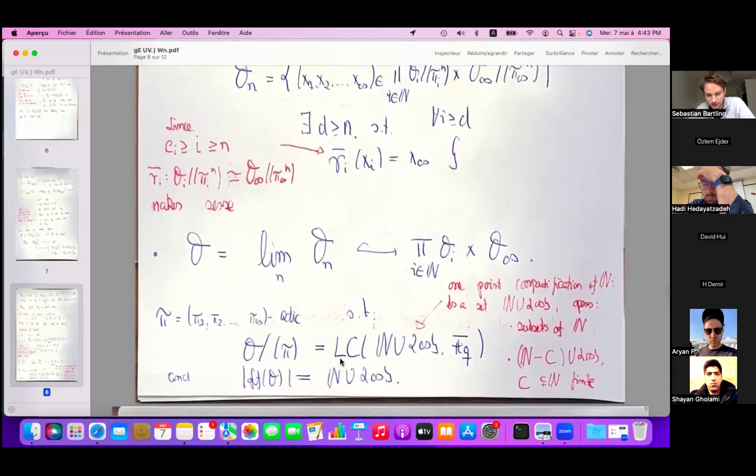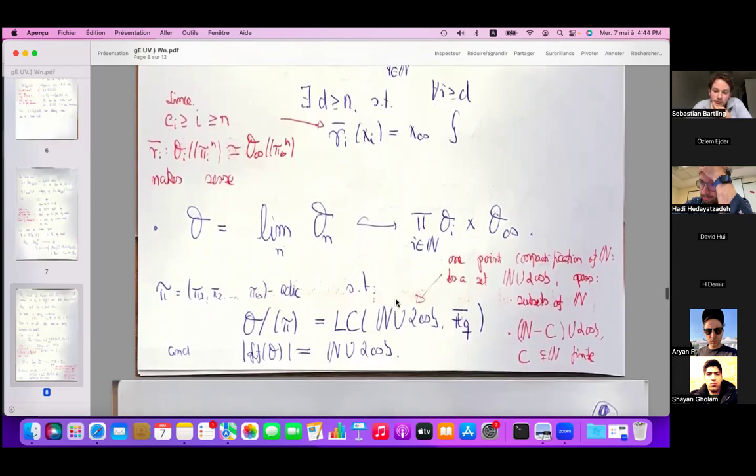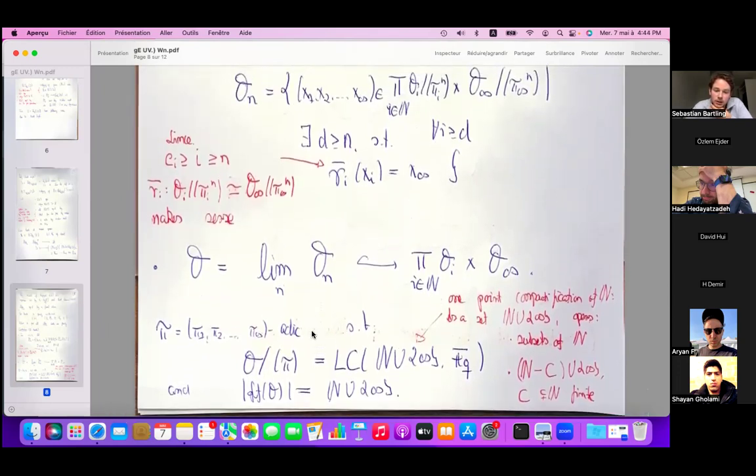A fancy way to say this is that we look at locally constant functions from the one-point compactification of N to F_q, which are just eventually constant sequences in F_q.